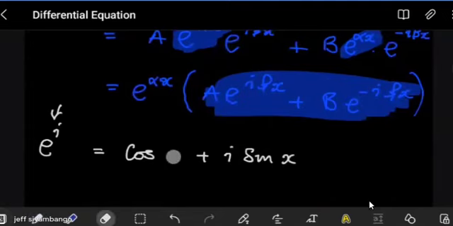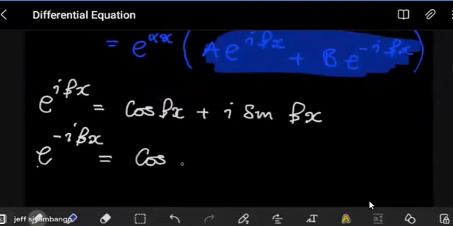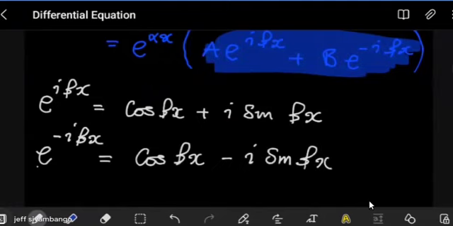So if the anything now is beta x, this becomes cos beta x plus i sine beta x. In the same way, if now you have e to the minus i beta x, what would this be? If now you have a minus there, the first term doesn't change. This will just be cos beta x. But the second part there is now going to end up with a minus i sine beta x. So this is just what you have to keep in mind.